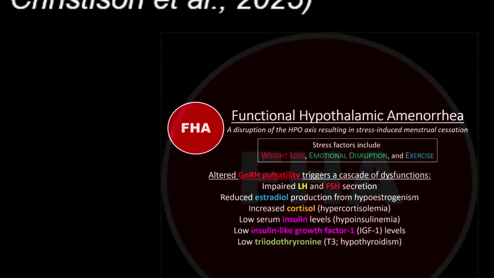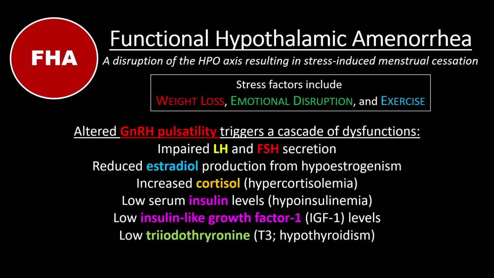Let's move on to functional hypothalamic amenorrhea, FHA, a disruption of the HPO axis resulting in stress-induced menstrual cessation. Stress-induced, there are a lot of stressors, which can include weight loss, emotional disruption, and of course exercise. And it all kind of comes down to altered GnRH pulsatility, which triggers a cascade of dysfunctions.